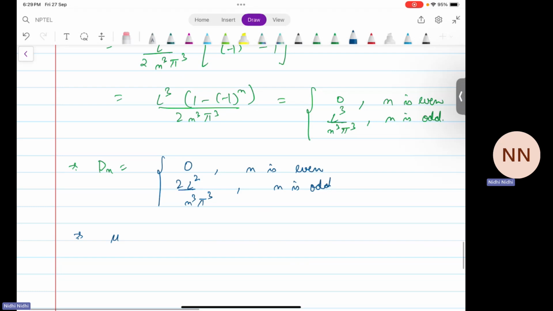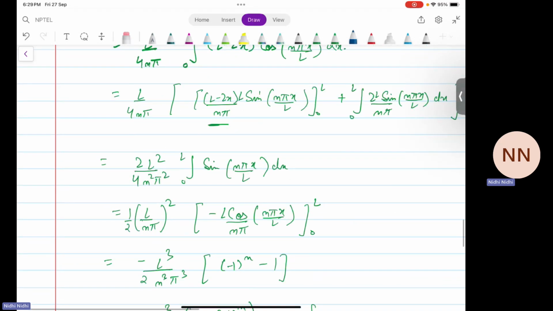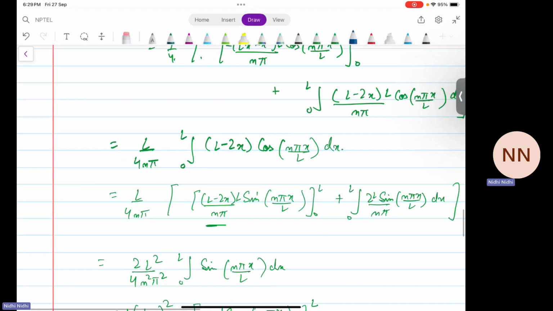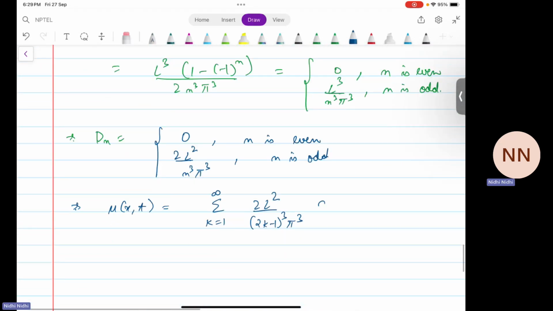This implies u(x,t) is equal to the summation k from 1 to infinity. We'll be taking just the odd terms, so we'll replace n by 2k minus 1. This is 2L square by (2k minus 1) cube π cube. The rest of the terms will be the same: sin(nπx/L) times cos(nπct/L)t.